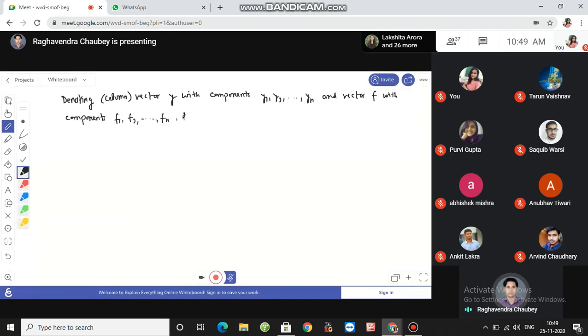Okay, so the system of equations star assumes the form y prime equals f(x, y), where y is the vector with components y1, y2 up to yn, and f is the vector f1, f2 up to fn.